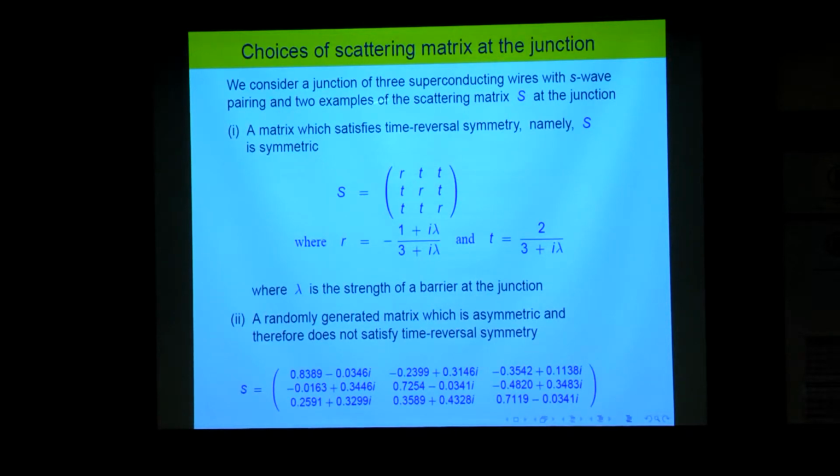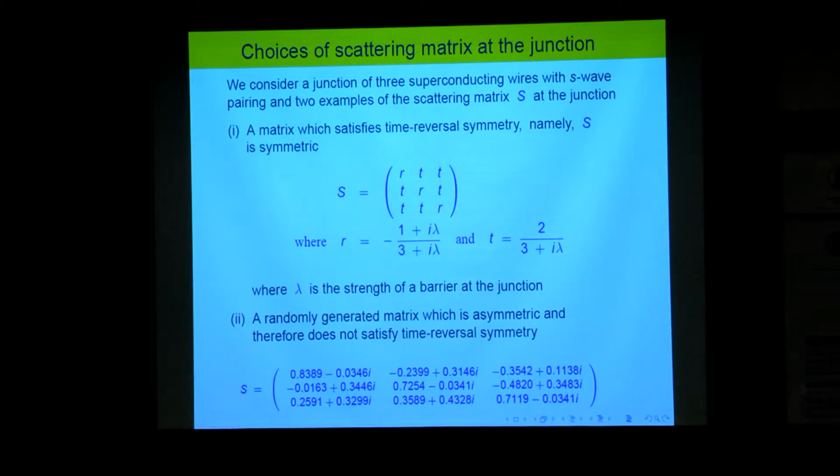Now the next thing is the choice of S matrix. This of course is something that has to be experimentally determined. But in our numerical calculations, we decided to look at 2 cases. One was we took something which is completely symmetric between all the 3 wires. So all the reflection amplitudes are the same, all the transmission amplitudes are the same. This actually has a name.